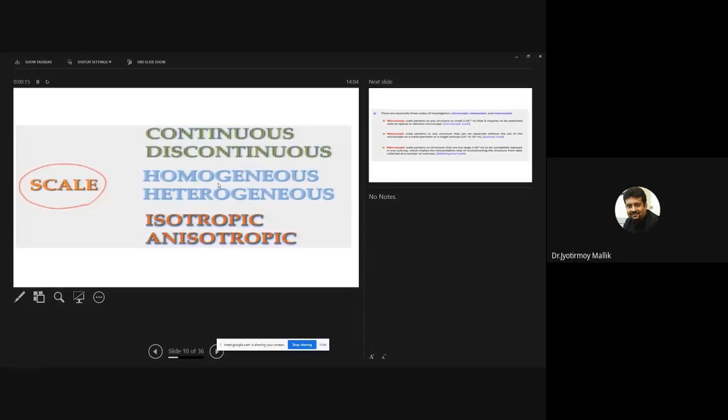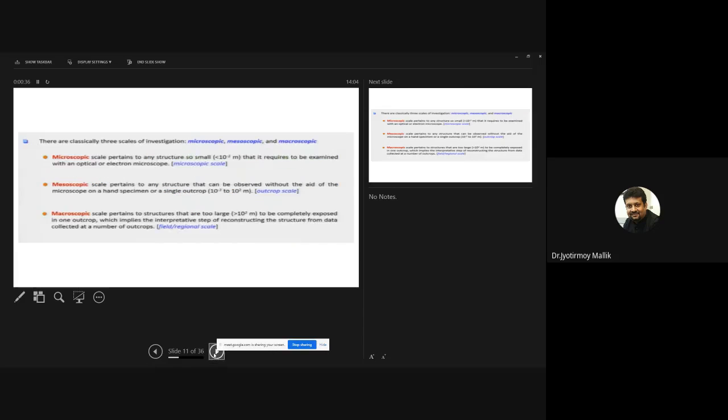What do we mean by them? We broadly have an idea, but in terms of geological definition, how do we look at them? And of course, isotropic and anisotropic: whether homogeneous and isotropic are the same thing, whether heterogeneous and anisotropic are the same thing. We will look into them. But these definitions will come back to us every now and then.